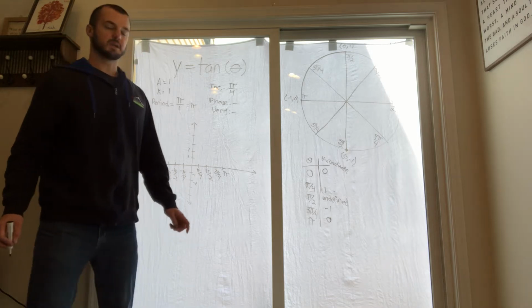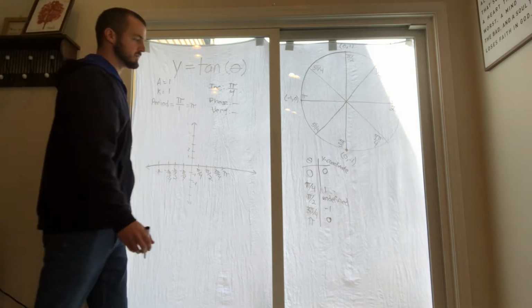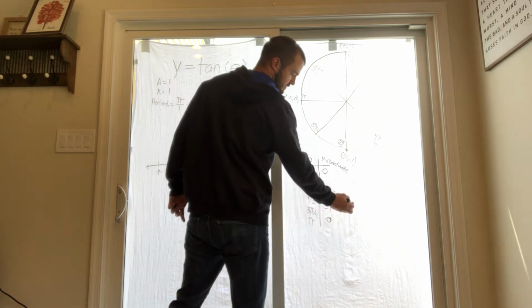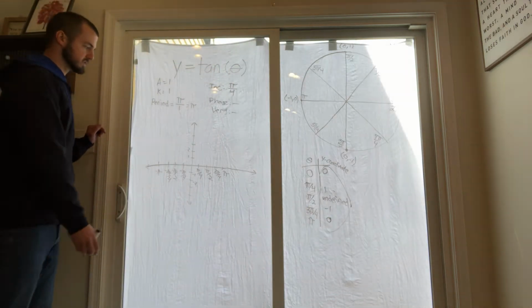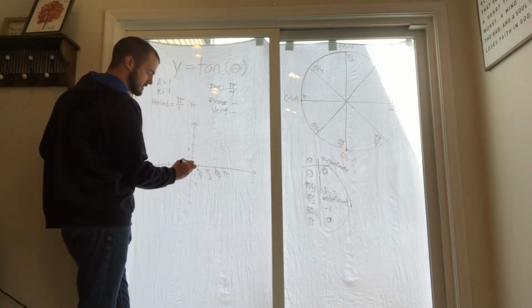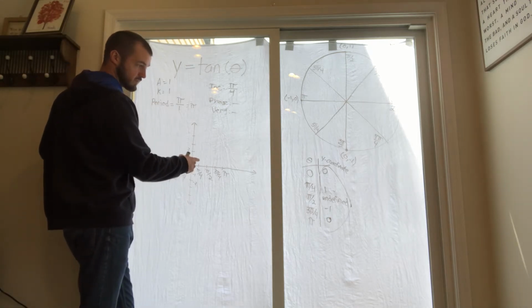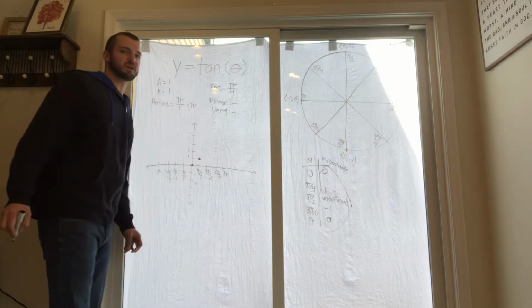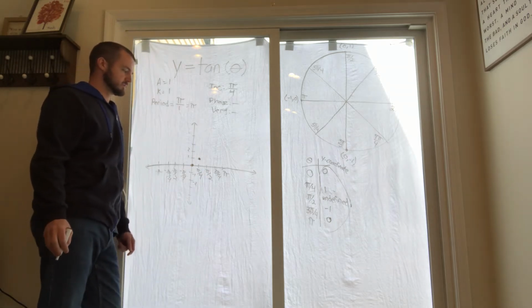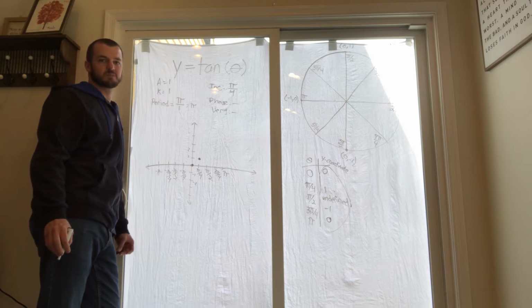Okay, and now you graph, right? Here's our parent function right here. The 0, 1, undefined, negative 1, 0. That's your parent function. So at 0, it's 0. At pi over 4, you've got 1. At pi over 2, it's undefined. What do you do for a graph when it's undefined?